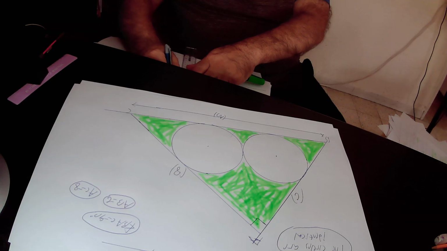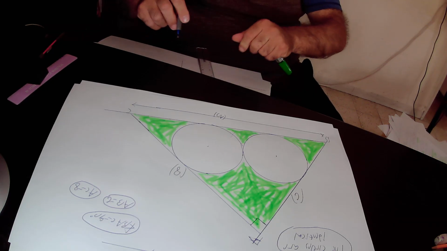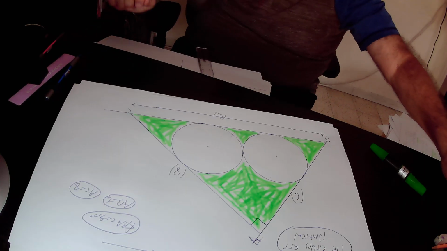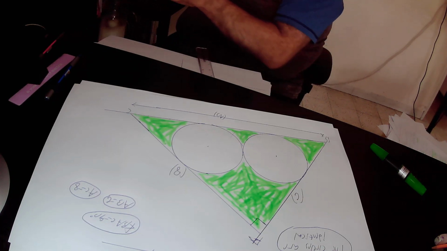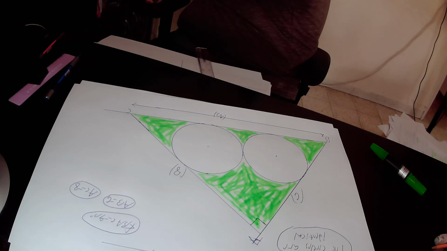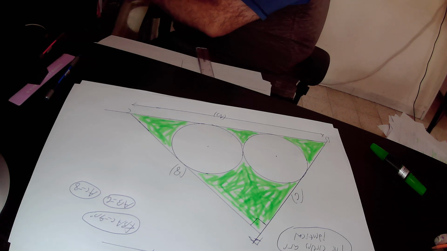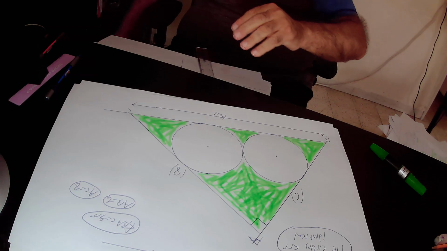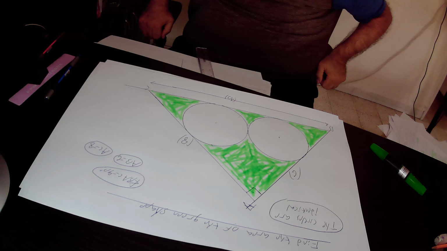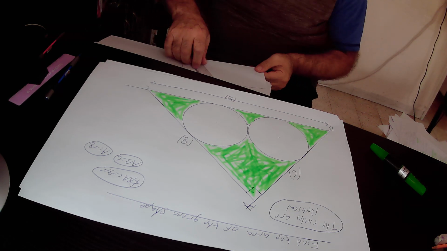What is the area of the right triangle ABC? You know that the area of any triangle equals the base of the triangle times the height over 2.